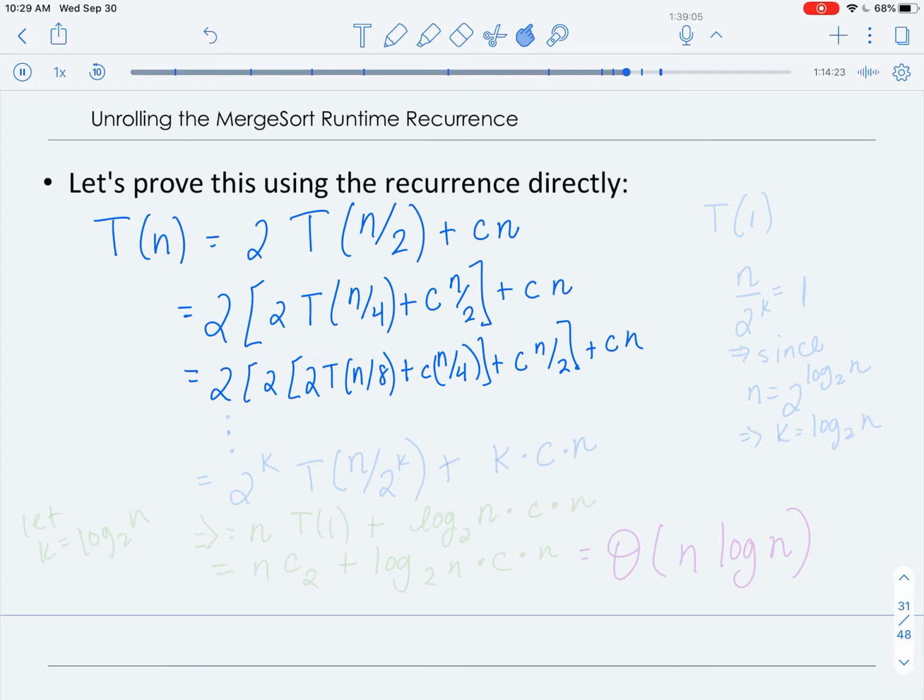And you'll notice that we are developing a pattern, and we just have to consider for a moment what that pattern may be.